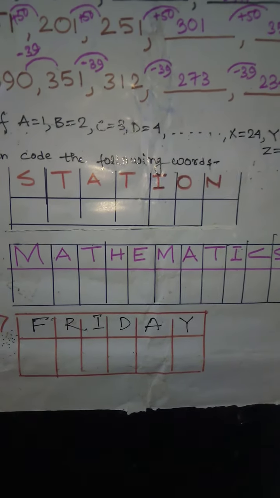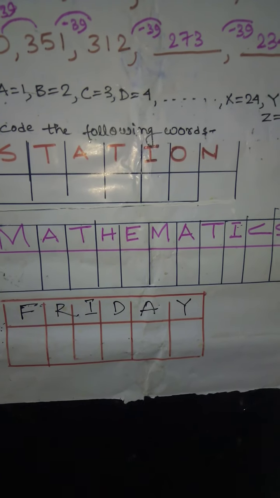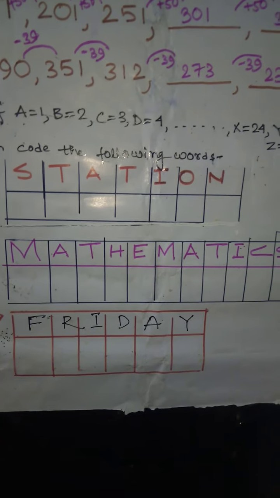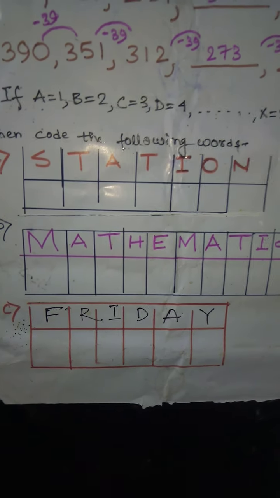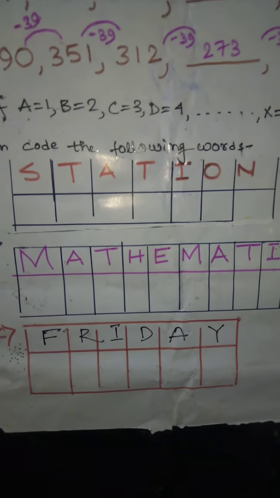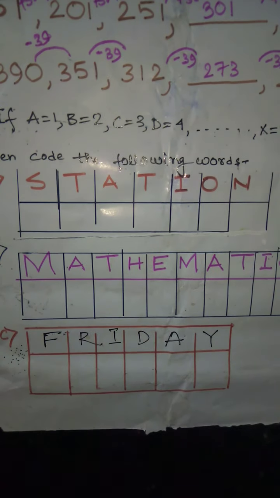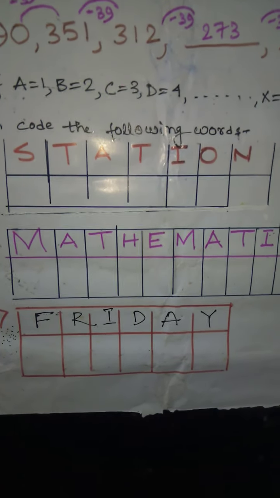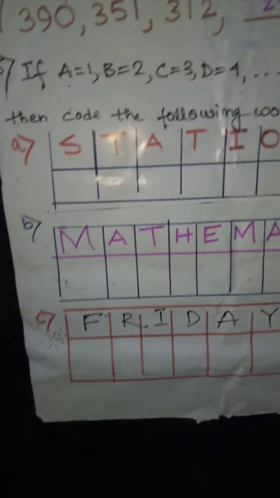The first word is station. Whenever you try to solve them during the exam, you will have to keep the alphabet chart ready with you. During the exam, just take a note and write down the serial numbers for each of the alphabets.